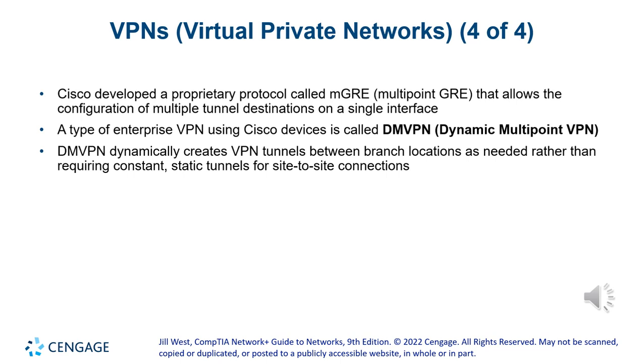Cisco developed GRE, and they also created multipoint GRE. Multipoint means you can have multiple devices coming to one endpoint, one destination, so you can have it all in one device, kind of like a concentrator. In Cisco it's called Dynamic Multipoint VPN, dynamic because devices can be connected and disconnected at any time.